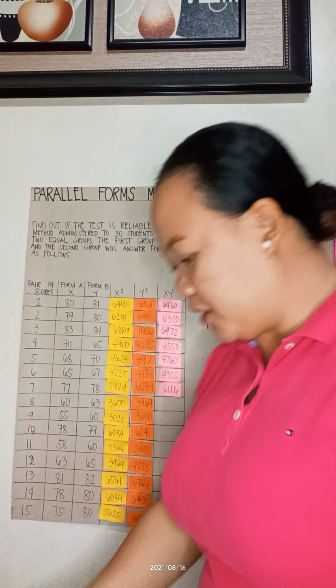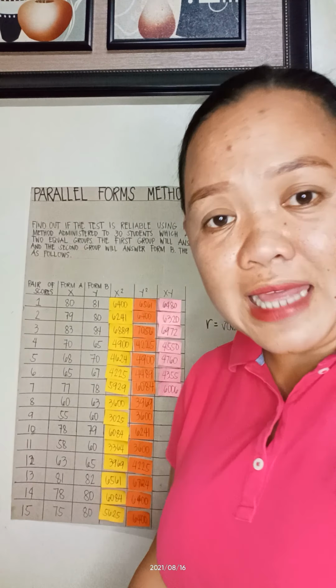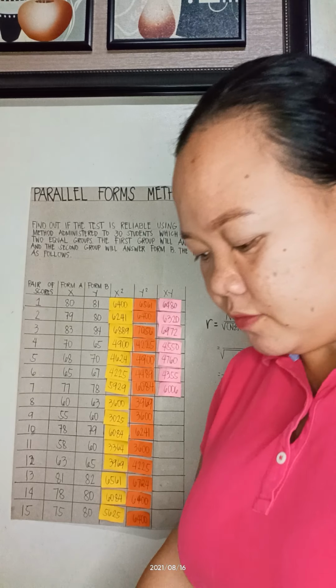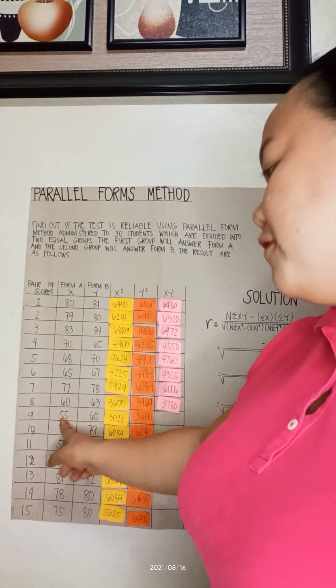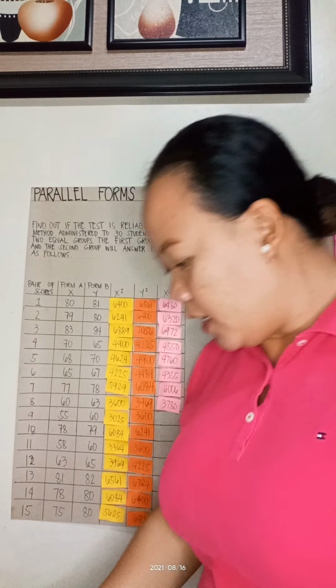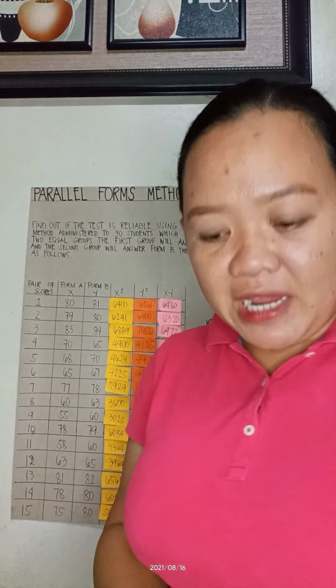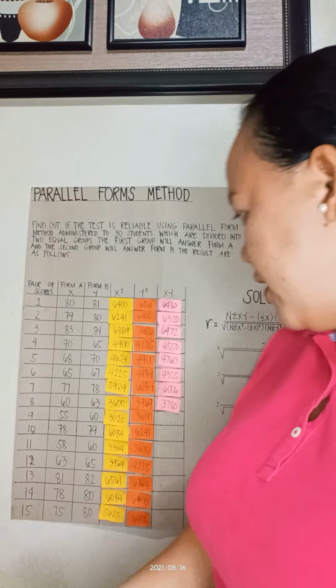Sixty times 63 is 3,780. 55 times 60 is equal to 3,300.